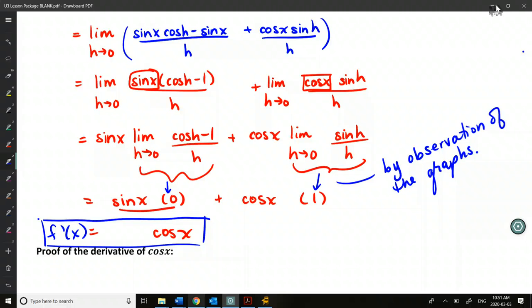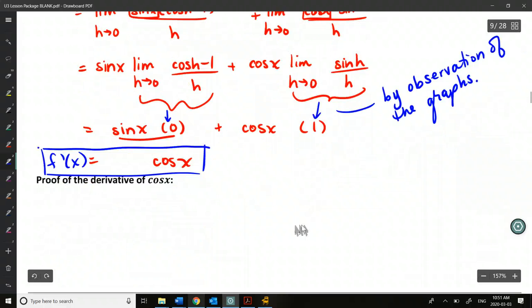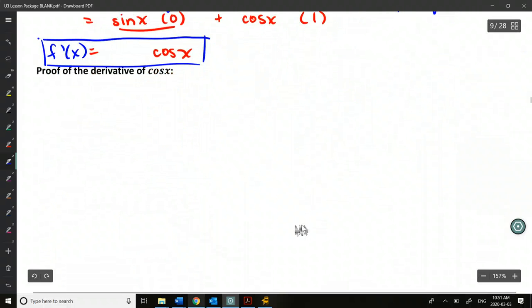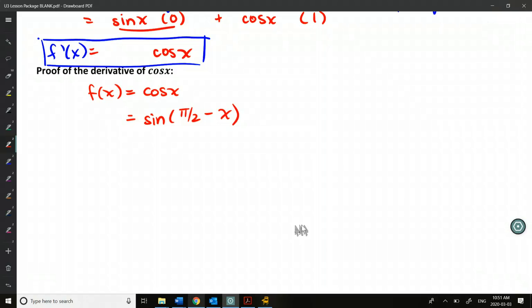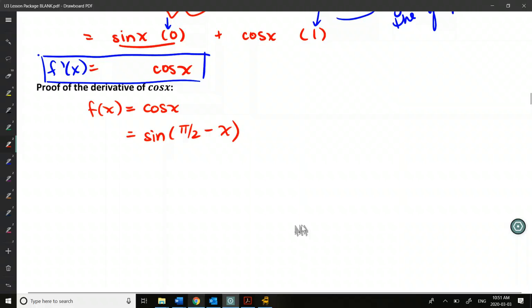So now that we've proven that the derivative of sine is in fact cosine, I'm going to use a little identity here. And if I want to figure out what the derivative of cosine is, I'm actually going to say that cosine is equal to the sine of pi over 2 minus x. And I'll show you where I got that from in a second.